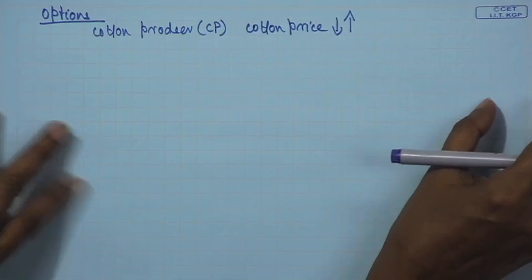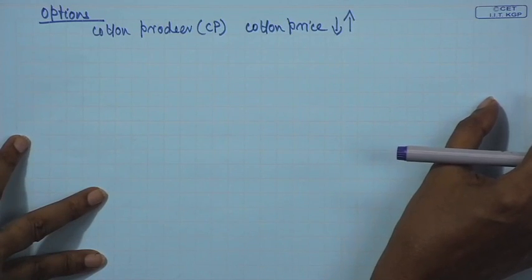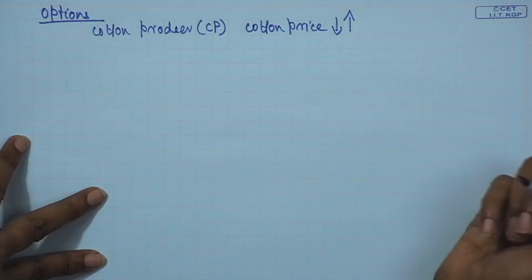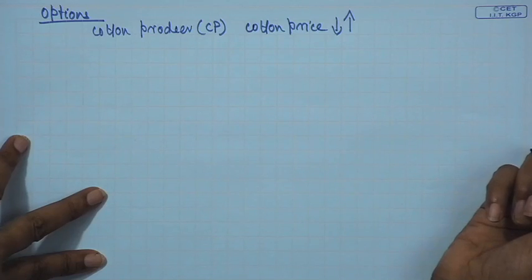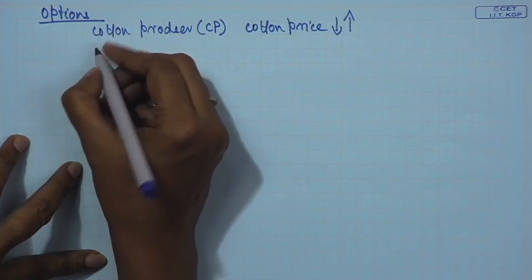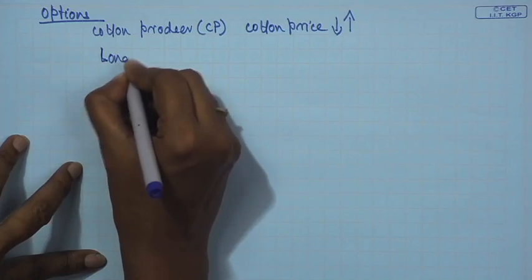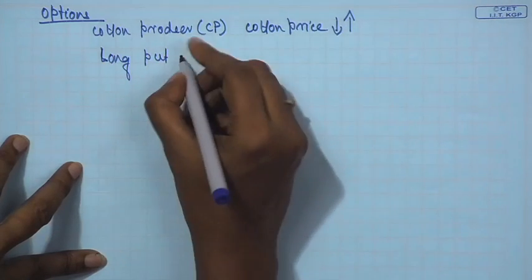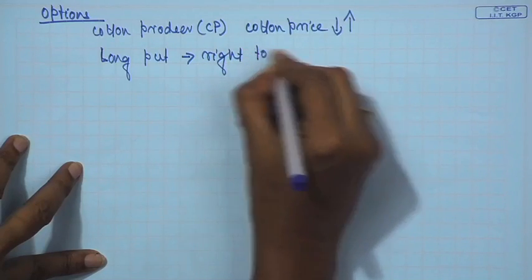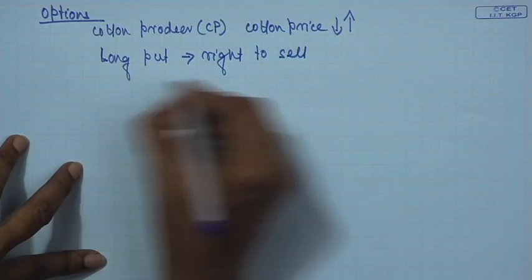So he would like to buy an option contract where, if he chooses to exercise the option, he will be able to sell cotton at a fixed price. In this case the cotton producer will take a long put option. By taking a long put option, he has the right to sell.